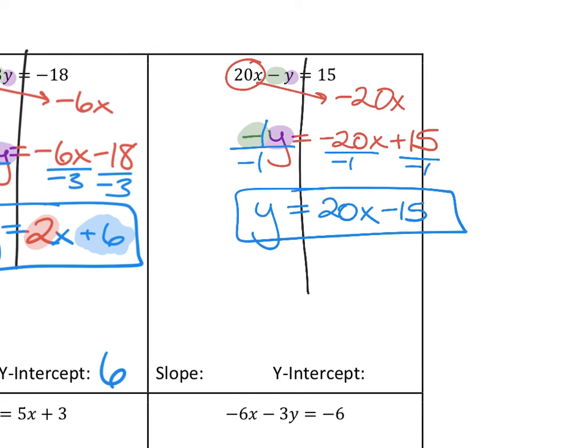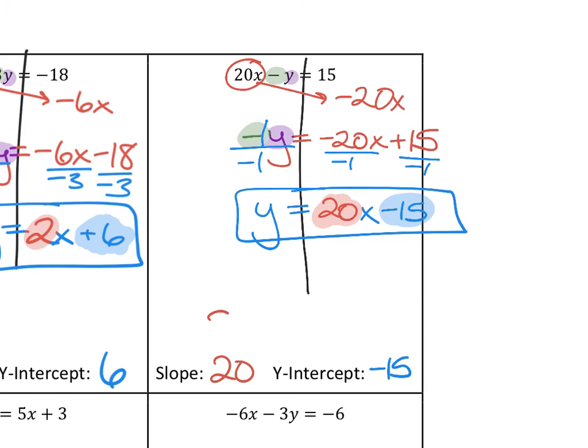Tell me right now, what is the slope and what is the y-intercept for this equation? Yeah, because there's a 20 in front of the x, and because at the end I see negative 15, I know that my slope is 20, and that my y-intercept is negative 15.